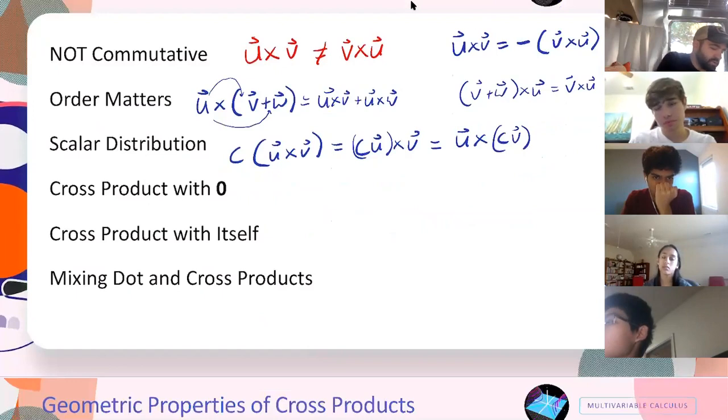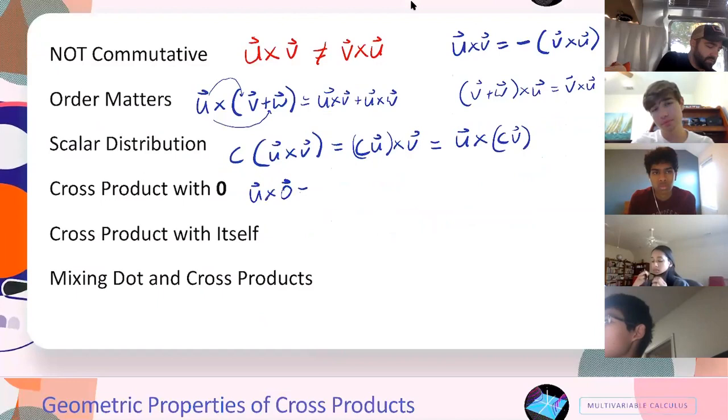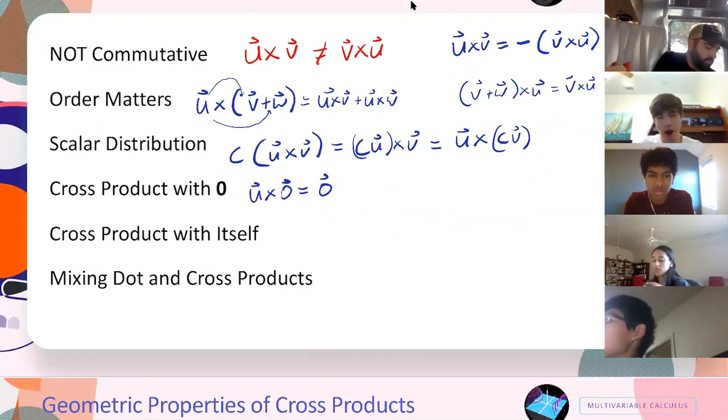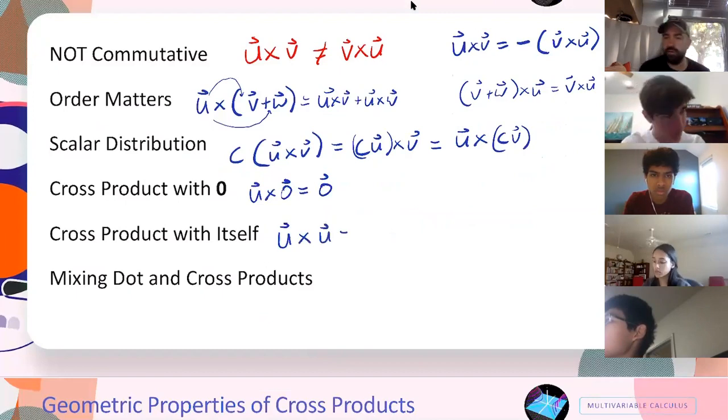Okay, the cross product with 0 does give me the 0 vector. Cross product with itself. So if I cross a vector with itself, I will also always get the 0 vector.